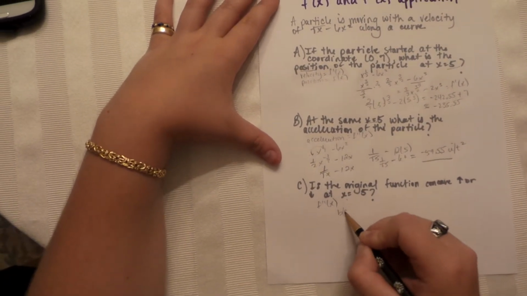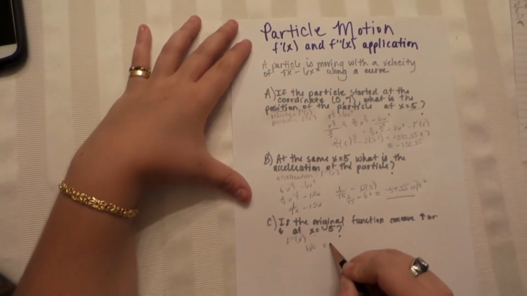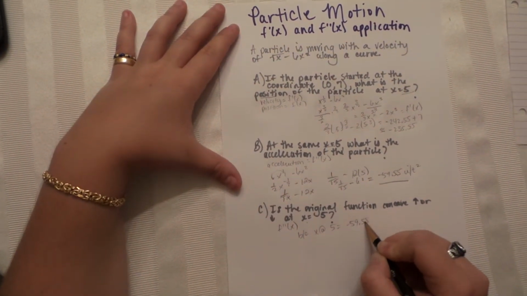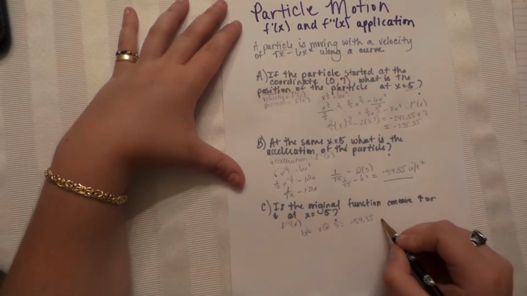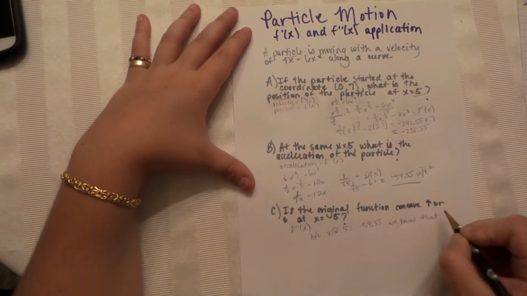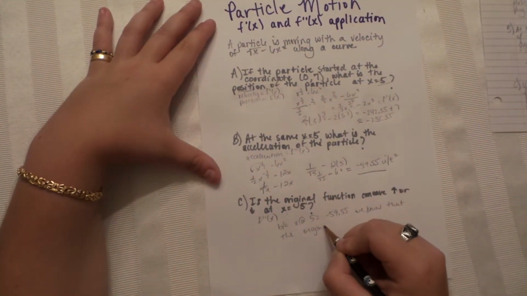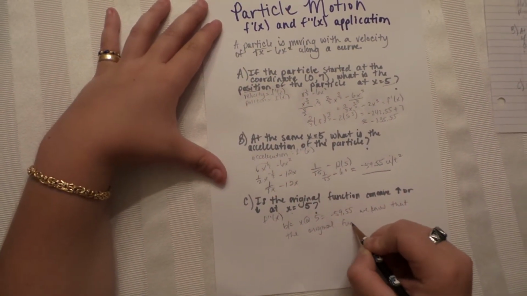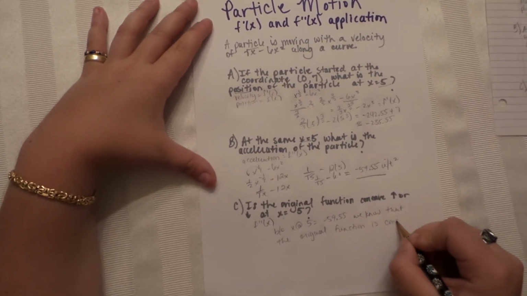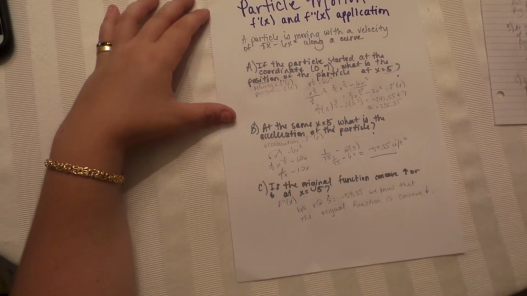So because f double prime at 5 is equal to negative 59.55, we know that the original function is going to be concave down. And really, it's as simple as that.